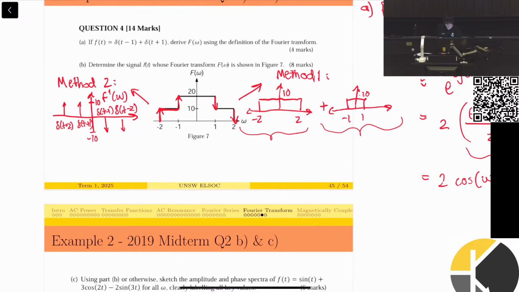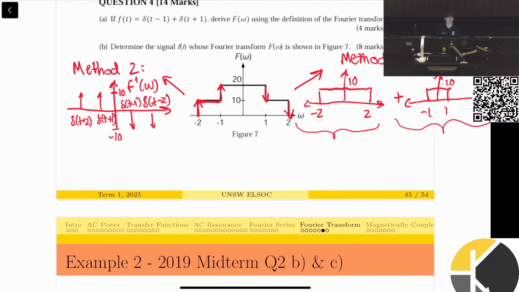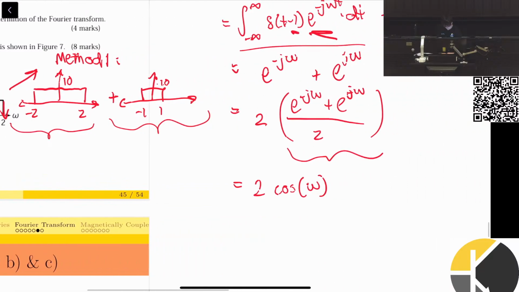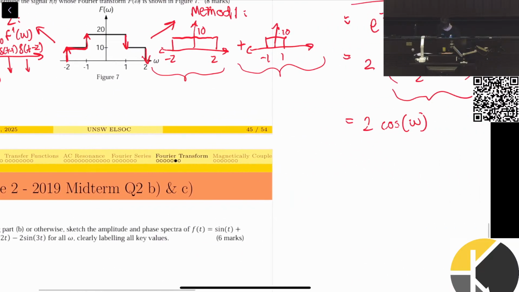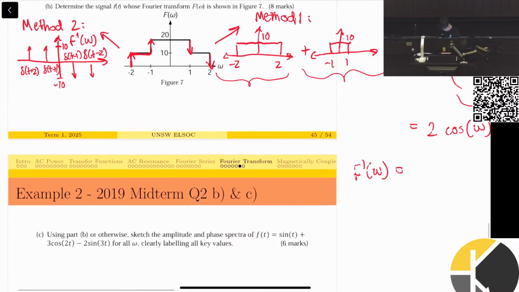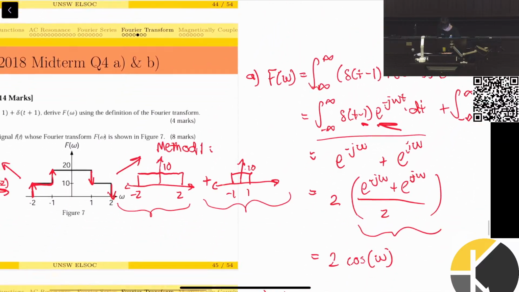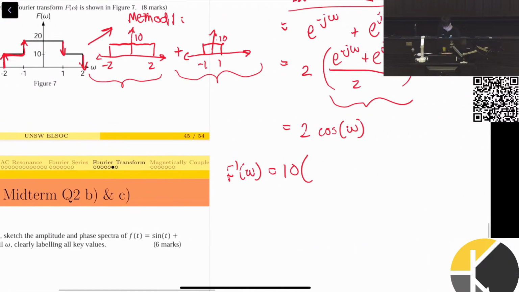So let's try solving for f of t using one of these methods. I might use method 2, just because in this case it will be a bit quicker. So for method 2, we have the derivative is equal to, all of these have an amplitude of 10, and we have 4 impulses, which I'll just write here.